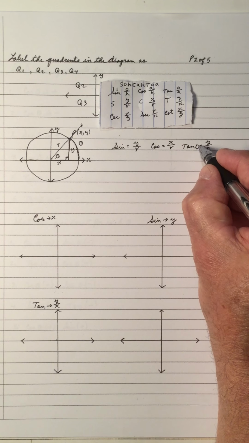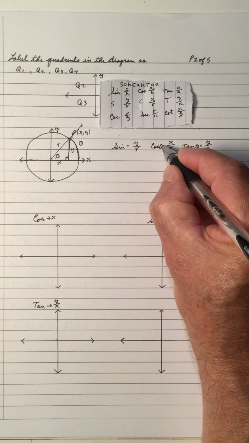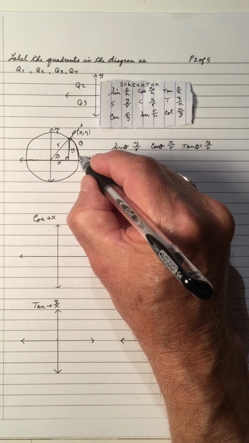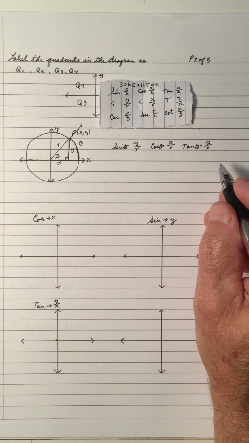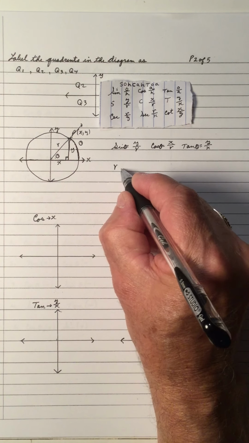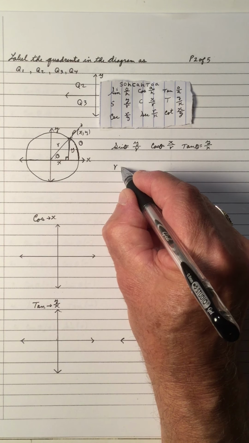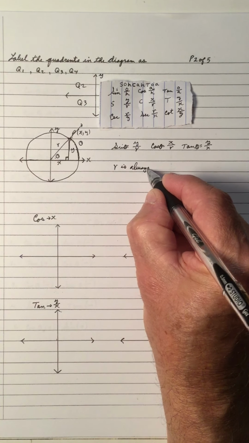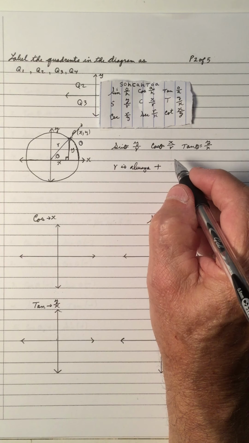Again, that's the angle of rotation theta right there. Theta is the angle of rotation on the circumference of the circle. And as you know, r is the radius. r is always positive.